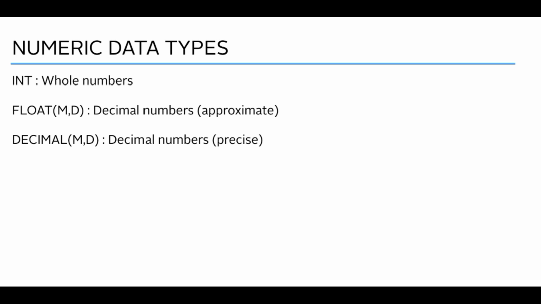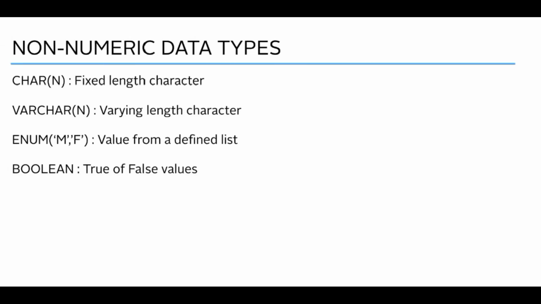Whereas a decimal data type will not allow rounding, so you have to type only 2 numbers after the decimal place if that's what you've defined. So decimal data types are good for price columns, so something that's going to be $10.25. You can use decimal 4, 2 for that.